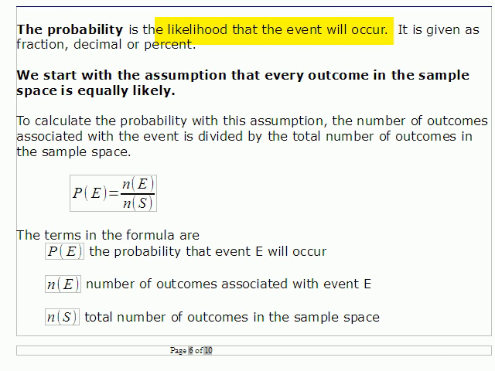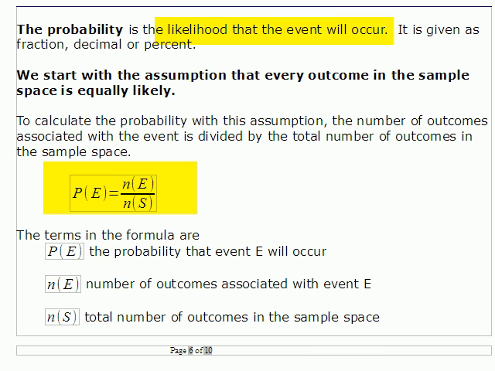We're going to start with the assumption that every outcome in the sample space is equally likely, and we're going to calculate the probability for that event occurring. Here's a formula which I mentioned a little bit in the first lecture. To find the probability of an event occurring, you take the number of ways that event can happen and you divide by the number of outcomes that are in the sample space.